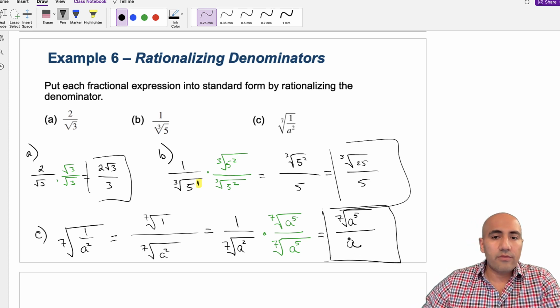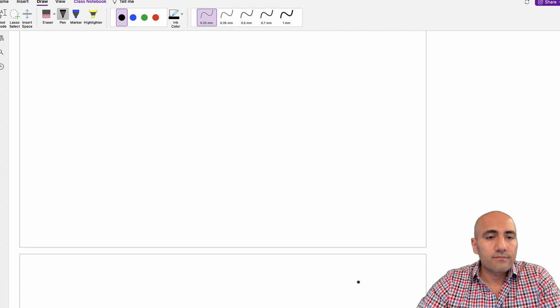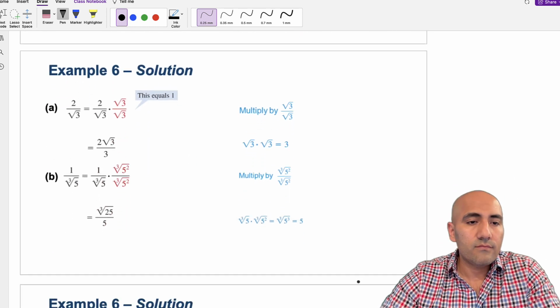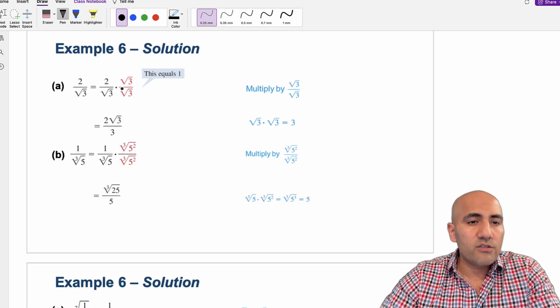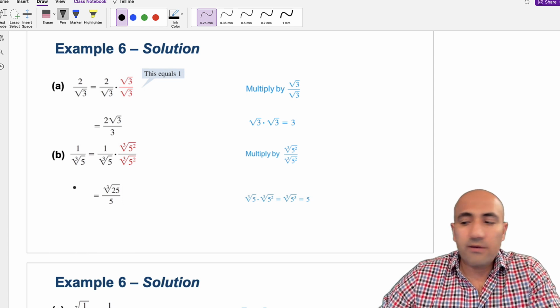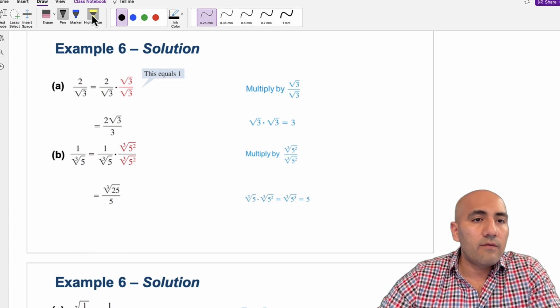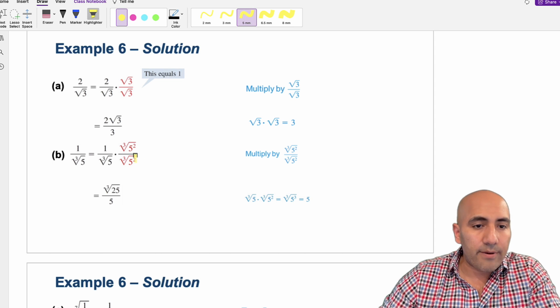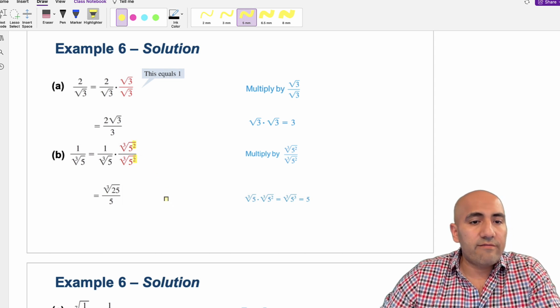All right, let's see what your author did for these questions. So for the first one, just like I did, we multiplied by root 3 over 3, a new version of 1. The denominator becomes 3, so we end up with 2 square root of 3 over 3. For the second one, again, very important to notice that we multiplied it by the appropriate value here.